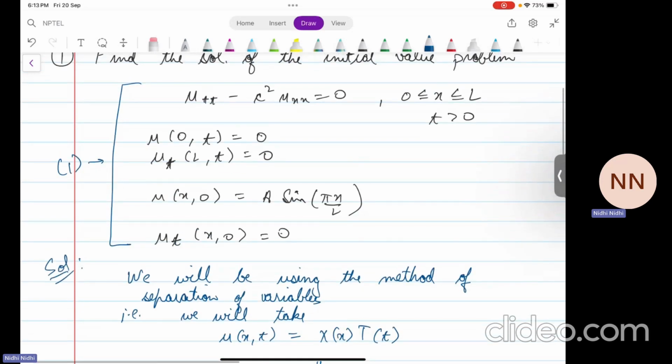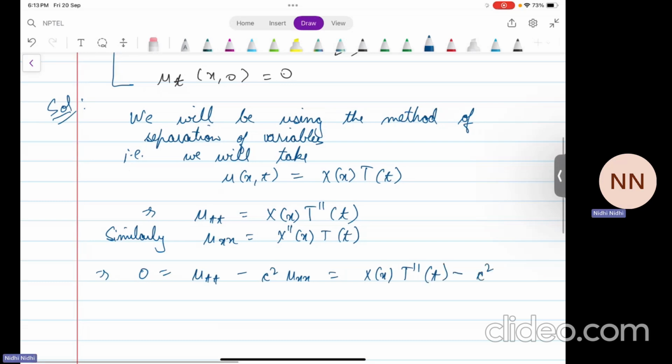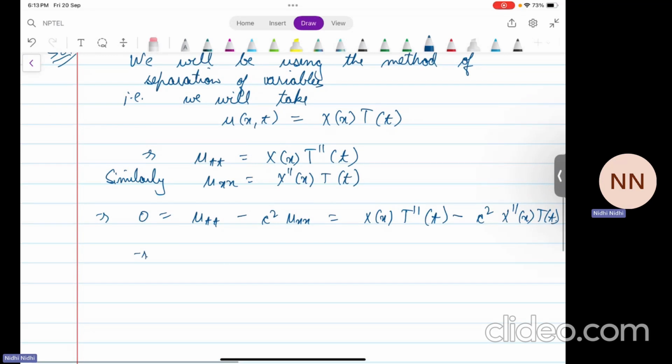Now putting this in our equation, we get 0 is equal to utt minus c square uxx, which is X T double dash minus c square X double dash T. Now this gives us X double dash by X is equal to T double dash by c square T.